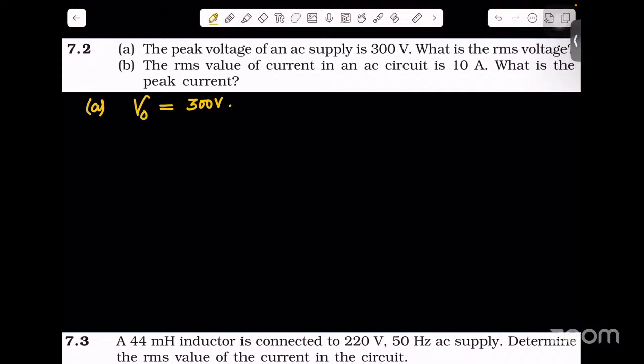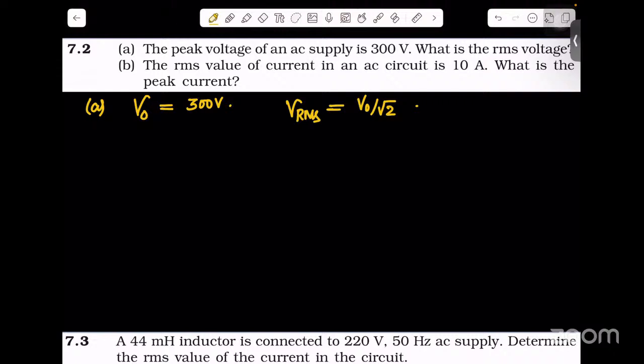And we know this formula, that the RMS value of the voltage is V naught upon root 2. The RMS voltage is related to the peak voltage by this relation, V naught upon root 2.